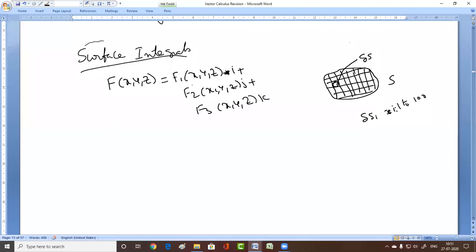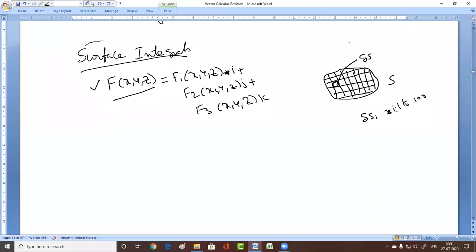For different values of xyz, if this function is a vector, such a vector function is called a vector point function. I will repeat again. For different values of xyz, if a function f is a vector, such a function is called a vector point function.